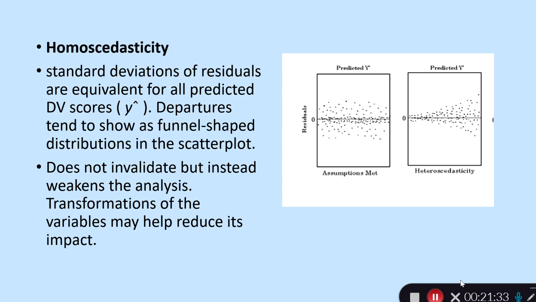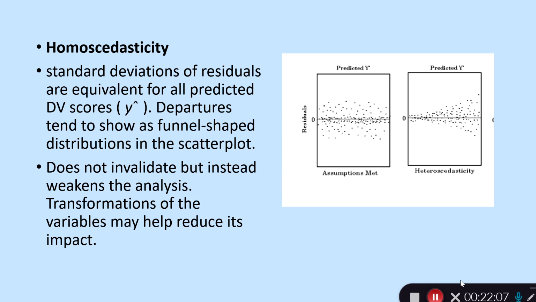homoscedasticity. A Greek word that apparently means constant variance, and this is the assumption of constant variance. It's similar to the assumption of homogeneity of variance if we had grouped data. But here, remember, we're looking at continuous scores. It basically means that the standard deviations of our residuals are equivalent for all the predicted dependent variable scores, the predicted y hat scores.